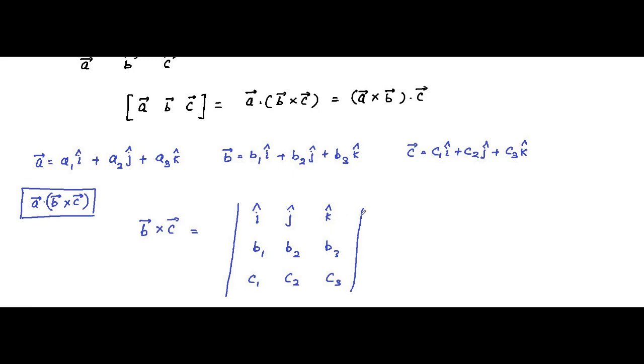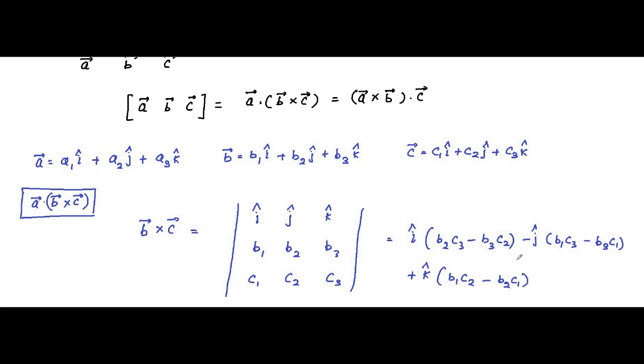In the first row we have the unit vectors along X, Y and Z axis, and then the X, Y and Z components of the respective vectors in the proper order. First B, then C. So this becomes i cap into B2 C3 minus B3 C2, then minus j cap into B1 C3 minus B3 C1, then plus k cap into B1 C2 minus B2 C1.